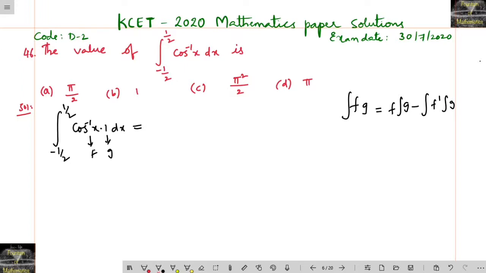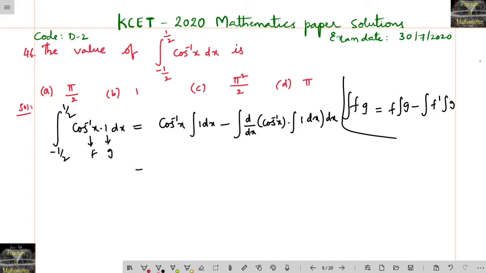So we get cos inverse x times integral of 1 dx minus integral of d by dx of cos inverse x times integral of 1 dx.